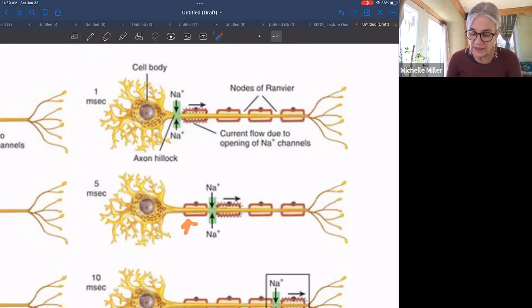And only in those unmyelinated spaces do the sodium ion channels open and the sodium ion floods in. So this is saltatory conduction, kind of like jumping. And that is going to lead the action potential to reach the end of the axonal terminals, and this is where the neurotransmitters are going to be released into the synapse.